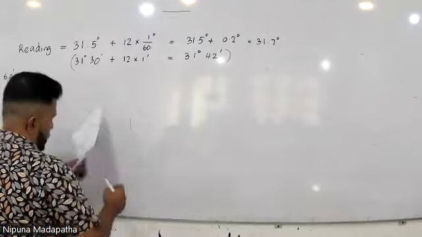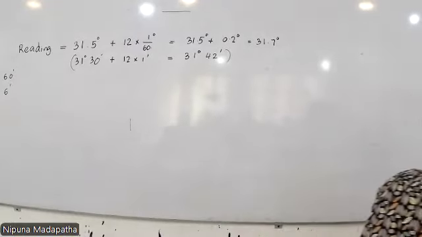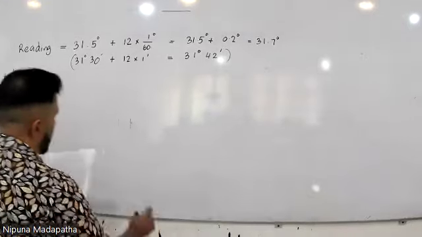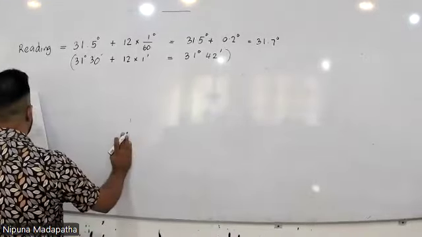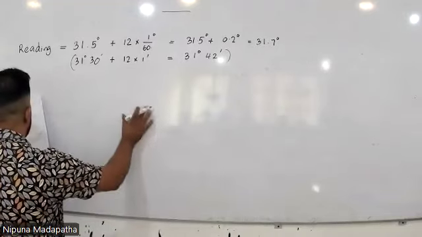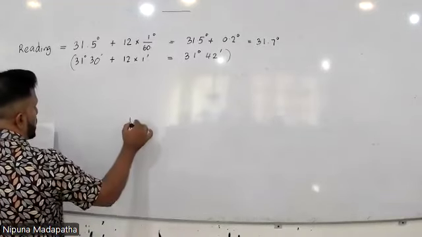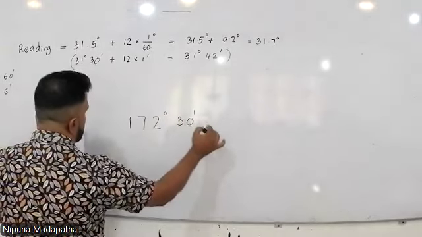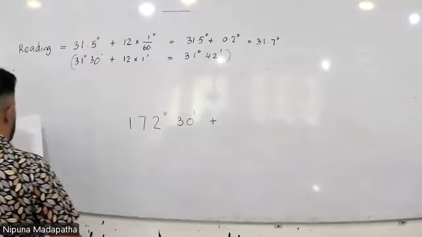172. Only 172? What is here? 0.5 mark. So it is 172 degrees and 30 minutes. Main scale reading.